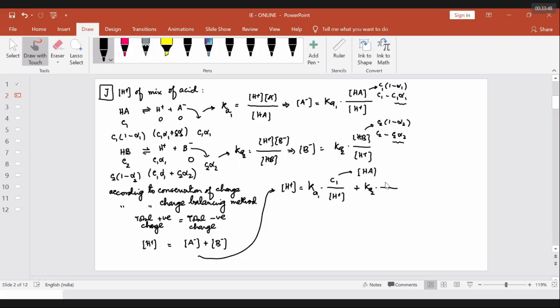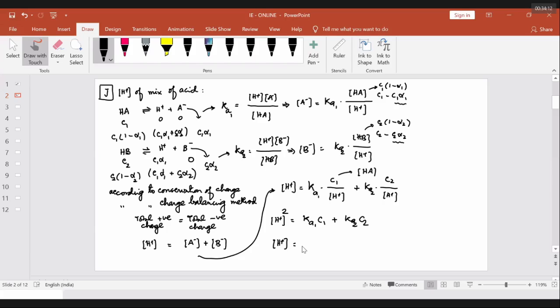If it is so, then what happens? This is C2 by concentration of H plus. What is your aim? I want to have concentration of H plus ion. This and this I'll take LCM and take here. It becomes a square, and Ka1C1 plus Ka2C2. Now what is H plus ion concentration?